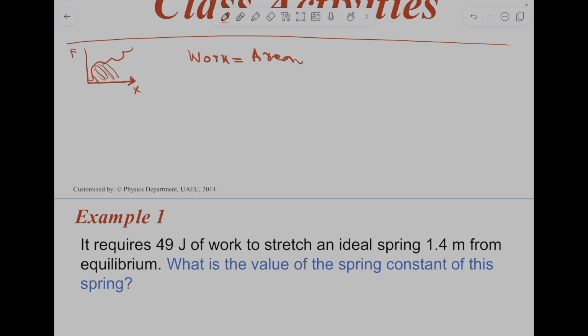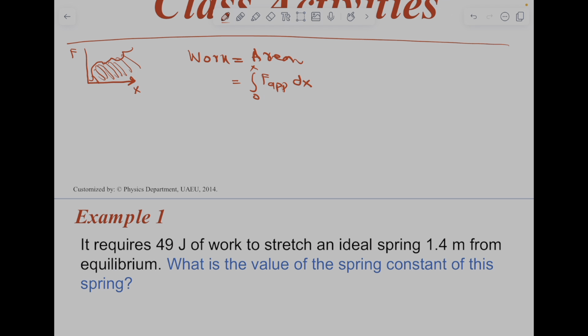This is the area under the curve, and your work done is the integral from 0 to any point x of the force applied times dx.